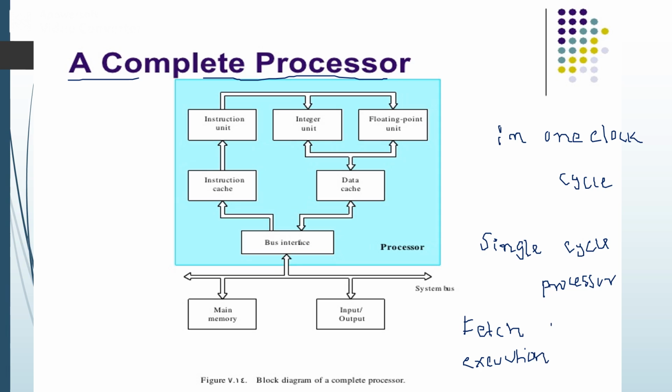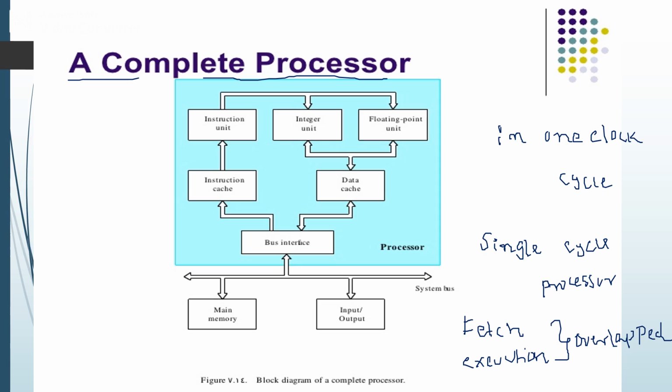If you overlap fetch and execution of instructions, we can achieve better performance. This overlapping of fetch and execution phases is called pipelining. Pipelining is a feature of all modern processors.